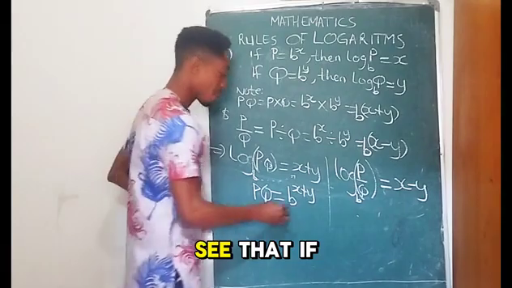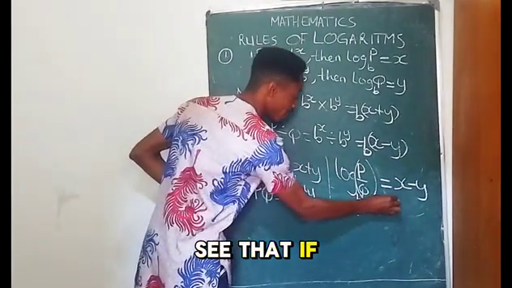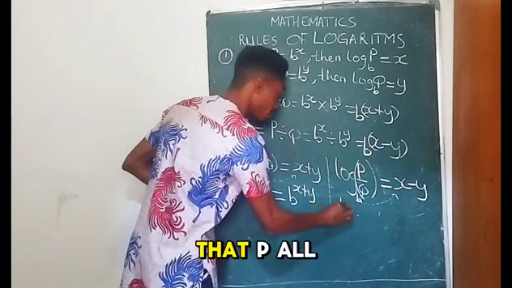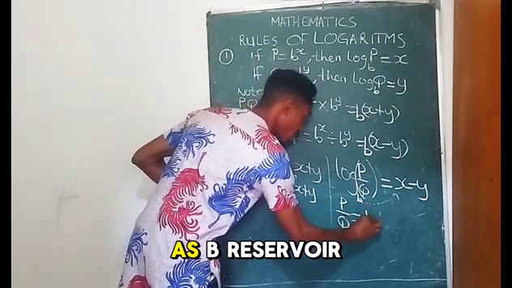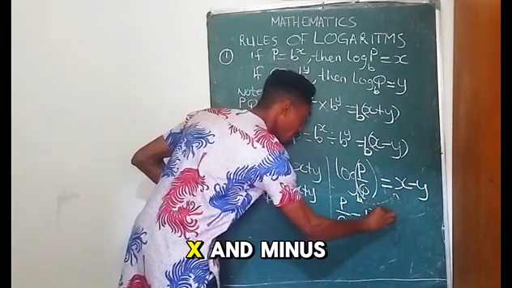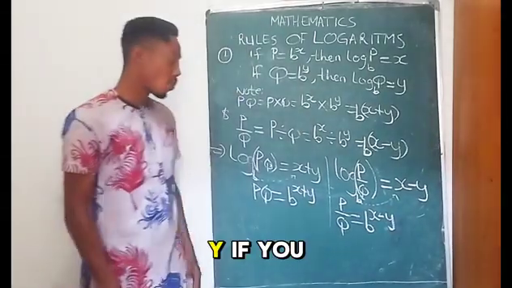We can also say that if this base carries this up, then p all over q is the same thing as b raised to power x minus y.